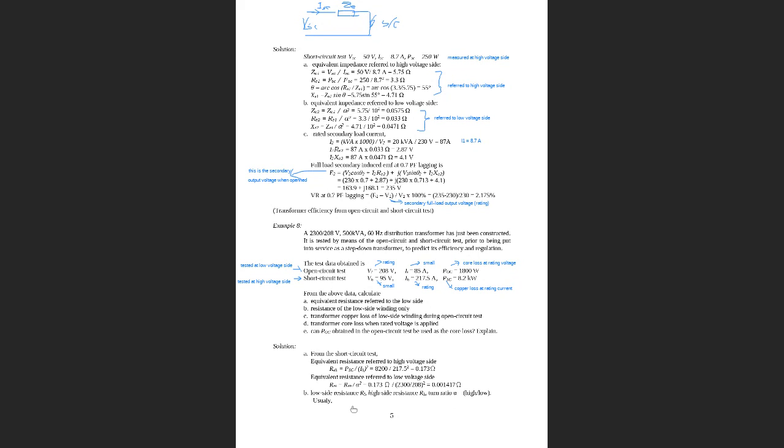Okay, you ready? Now, this is the resistance referred to the lower side. Half of it, generally, is the resistance of the lower side only. Actually, I explained this one in example 5.